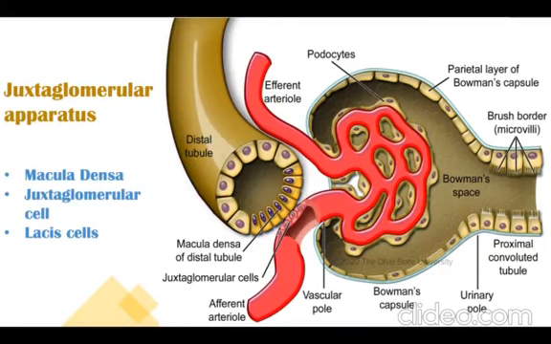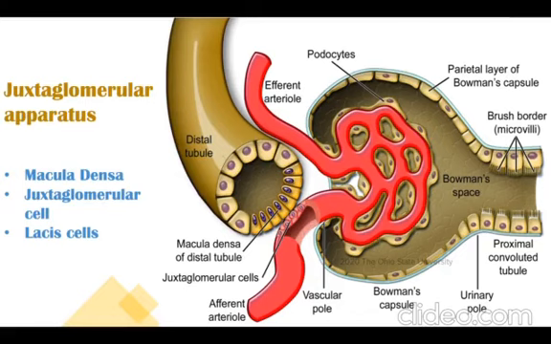And besides, there is also apparatus called juxtaglomerular apparatus, which form from macula densa, juxtaglomerular cell, and Lacis cell. The juxtaglomerular apparatus ni controls the rate of glomerular blood flow depending on various factors such as hydration, blood flow, blood volume, and ion concentration.